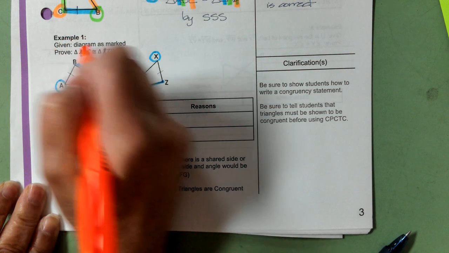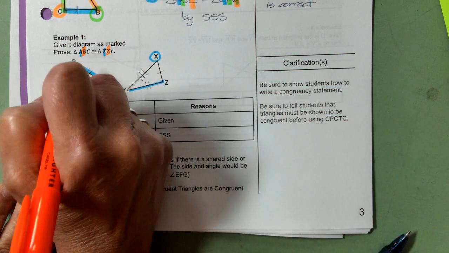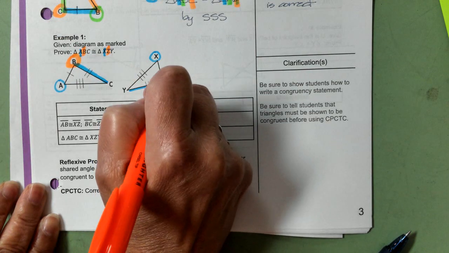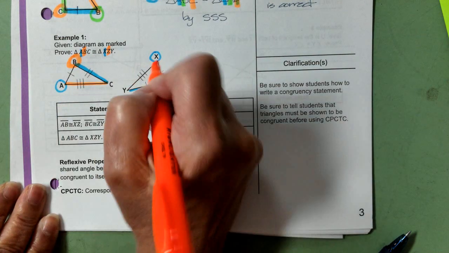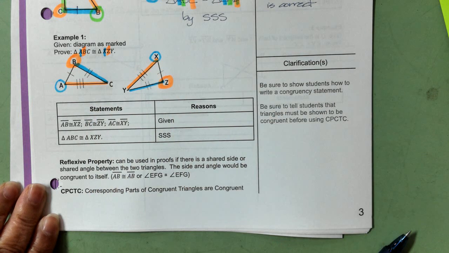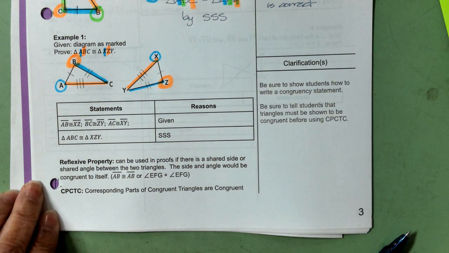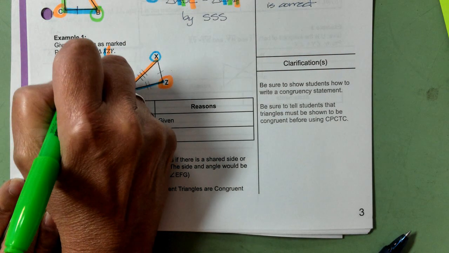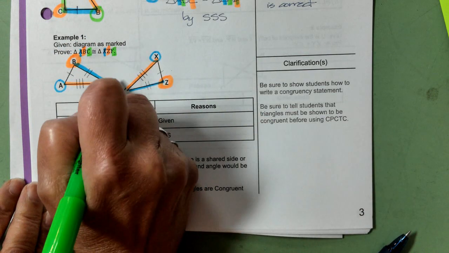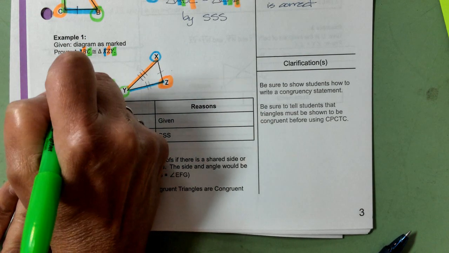Angle B corresponds to angle Z. So their associated sides are across from there. And then angle C corresponds to angle Y.